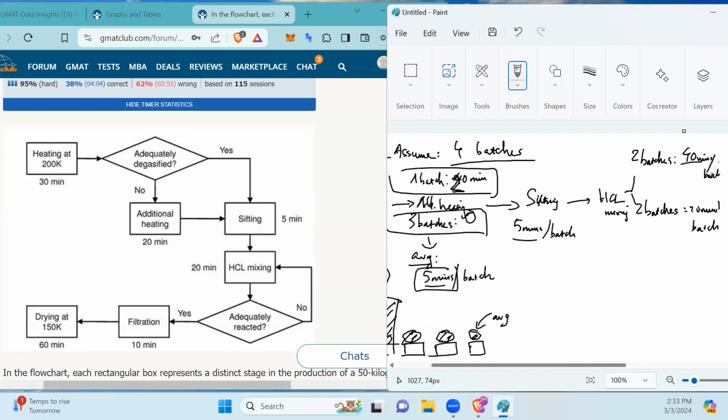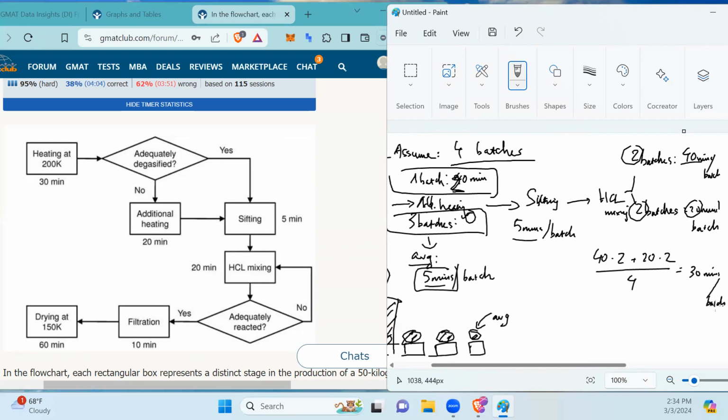Now we add all these up and divide by 4 to find the average mixing time per batch: 40 times 2 plus 20 times 2, all divided by 4. How many minutes would that be? 30 minutes per batch.